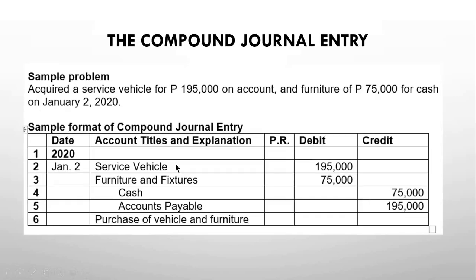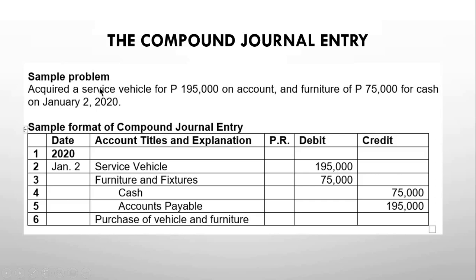Now, the compound journal entry example. Acquired a service vehicle for 195,000 on account and furniture of 75,000 for cash on January 2, 2020. So it's now on January 2, gawa natin ng compound journal entries.